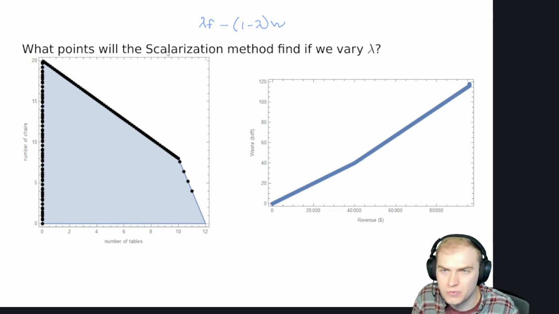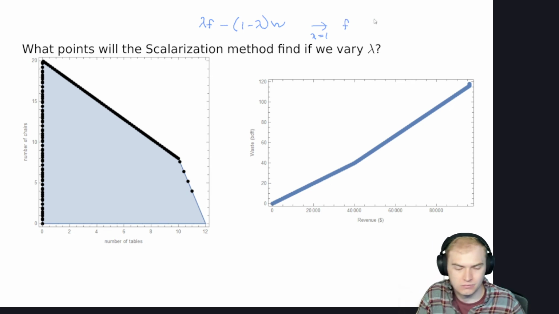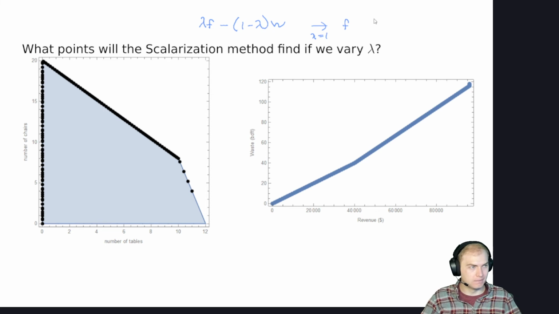If lambda equals 1, we're just left with f. We're just maximizing profit again.